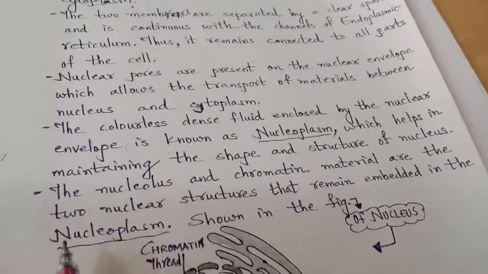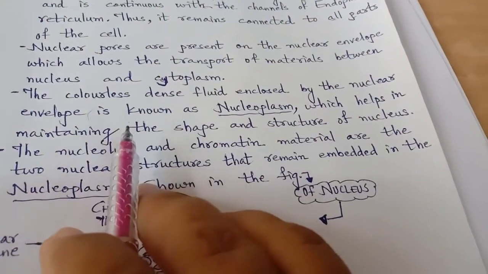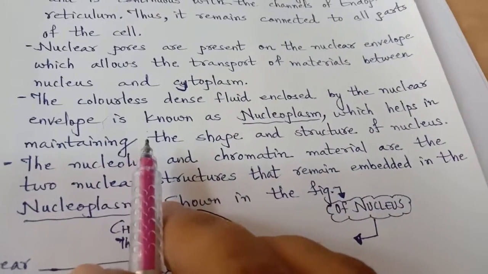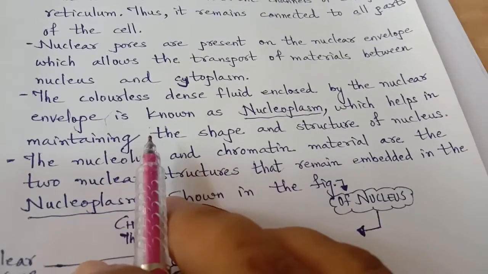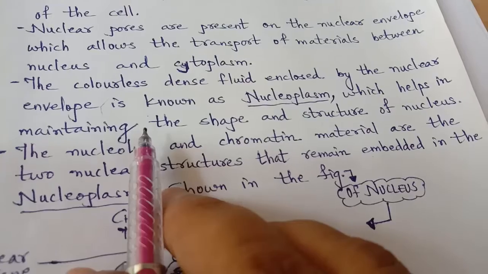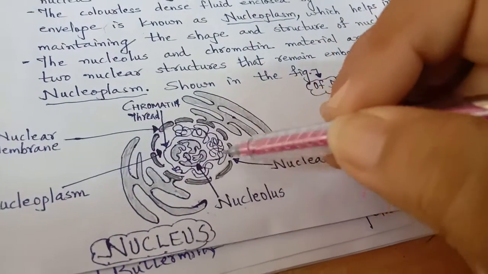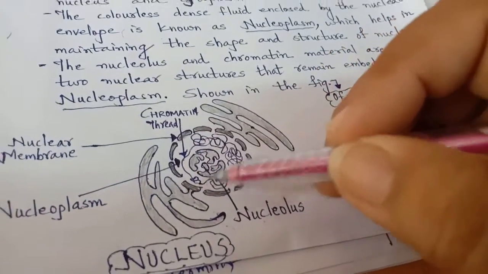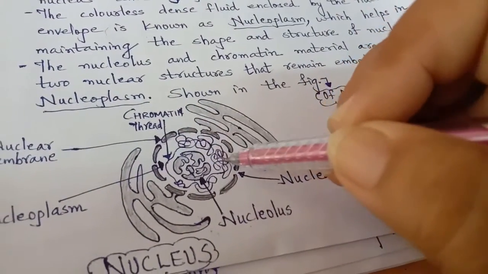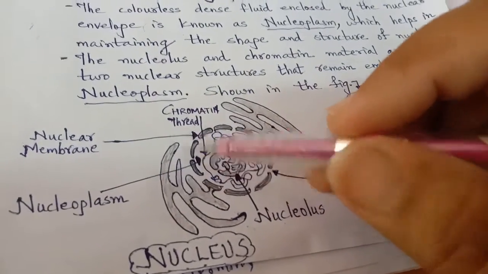The colorless dense fluid enclosed by the nuclear envelope is known as nucleoplasm. Now there is one more dense, slightly thick fluid enclosed by the nuclear envelope, and it is the nucleoplasm. This one here, this whole portion is nucleoplasm. Within this nucleoplasm are the chromatin thread and the nucleolus. See, I have shown the nucleoplasm here.